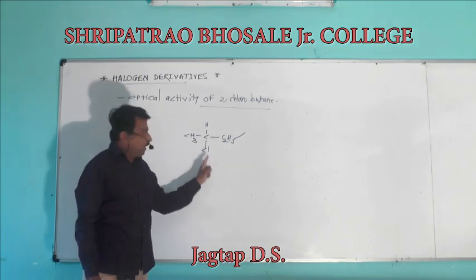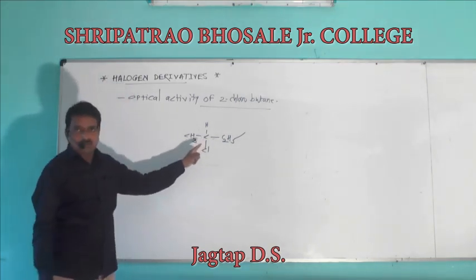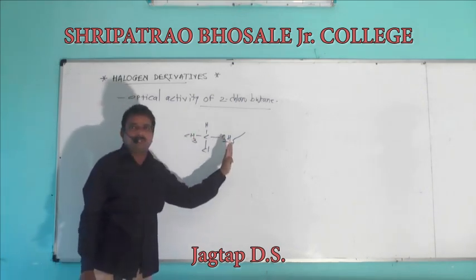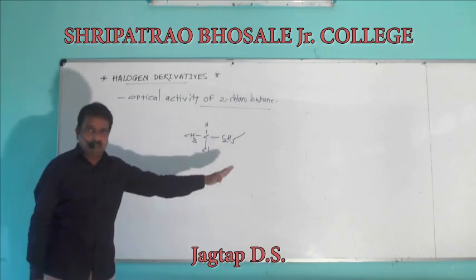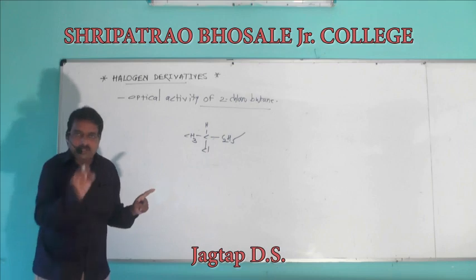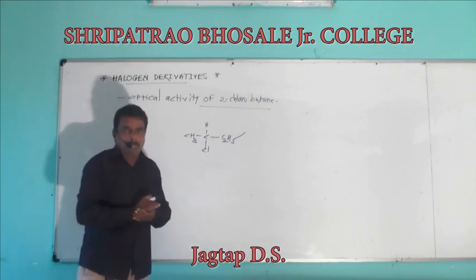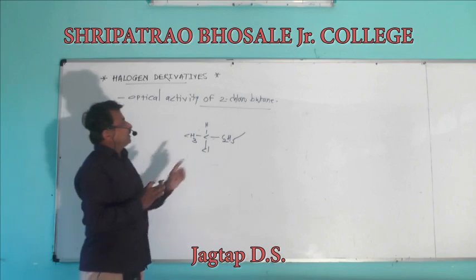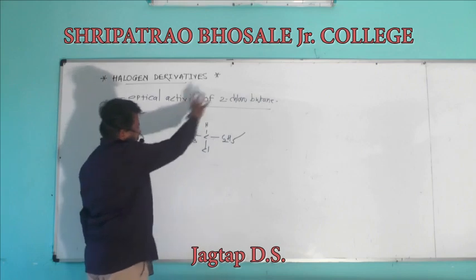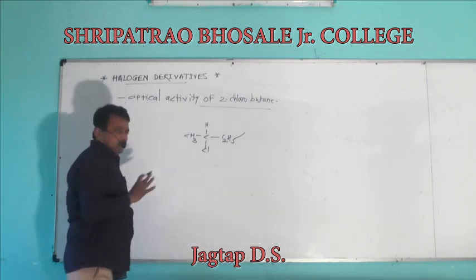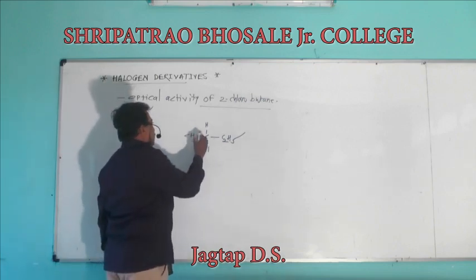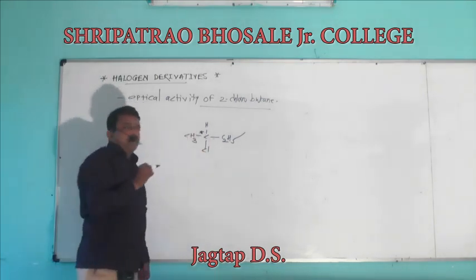The position of the halogen atom is indicated by the lowest possible number. That is, numbering is done from the left side. The position of chlorine is 2, that is, the chlorine atom is present on C2. So, according to the IUPAC system, it is named as 2-chlorobutane. 2-chlorobutane contains only one chiral carbon atom.